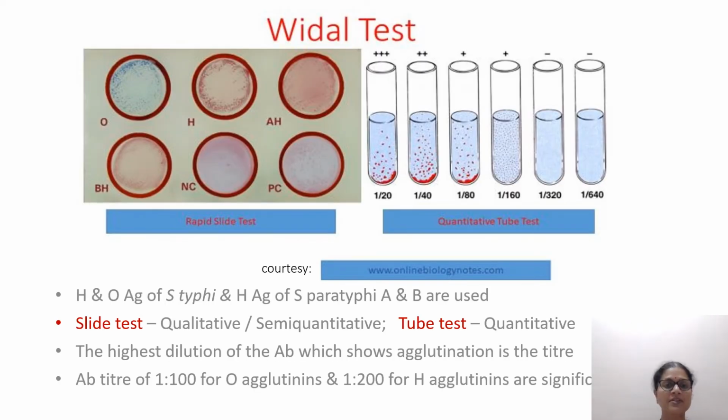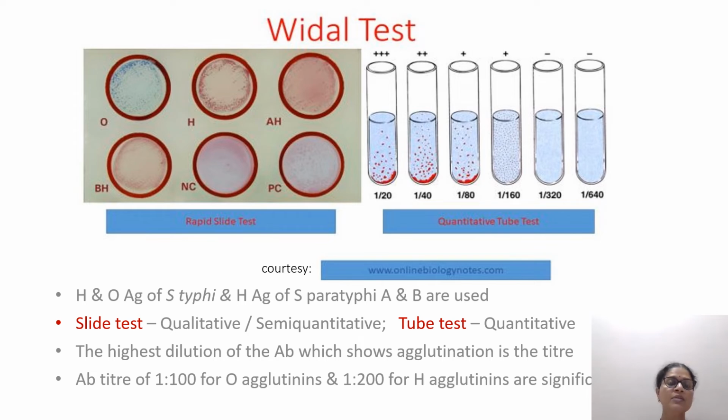In the rapid slide test, we are going to take a drop of different antigens of Salmonella. That is O antigen and H antigen of Salmonella typhi, H antigen of Salmonella paratyphi A, H antigen of Salmonella paratyphi B, and also negative control and positive control. And to these circles, we are going to add a drop of patient sera and mix well.